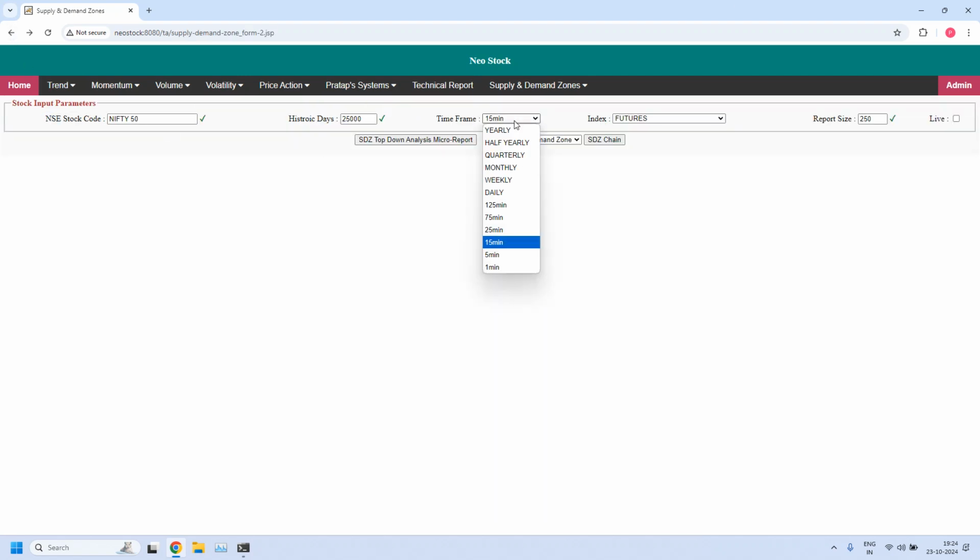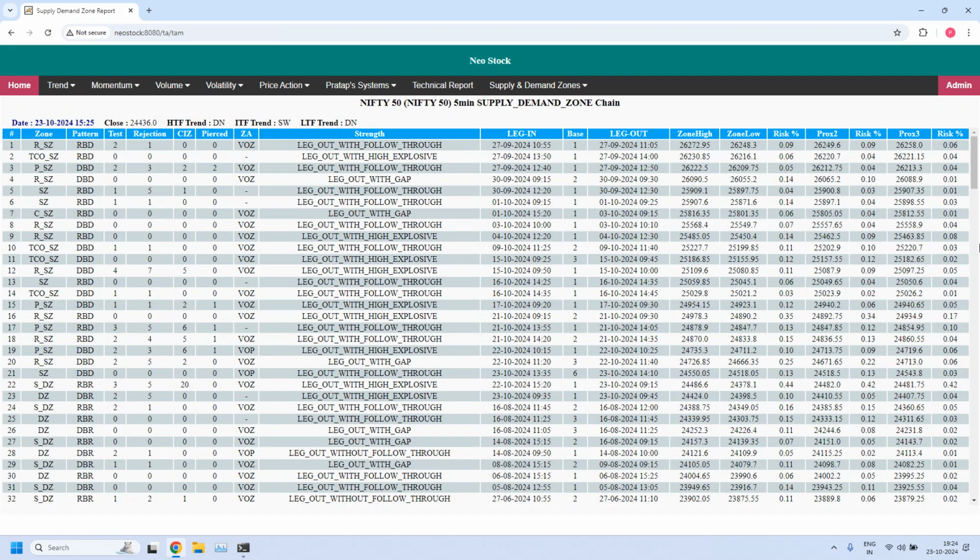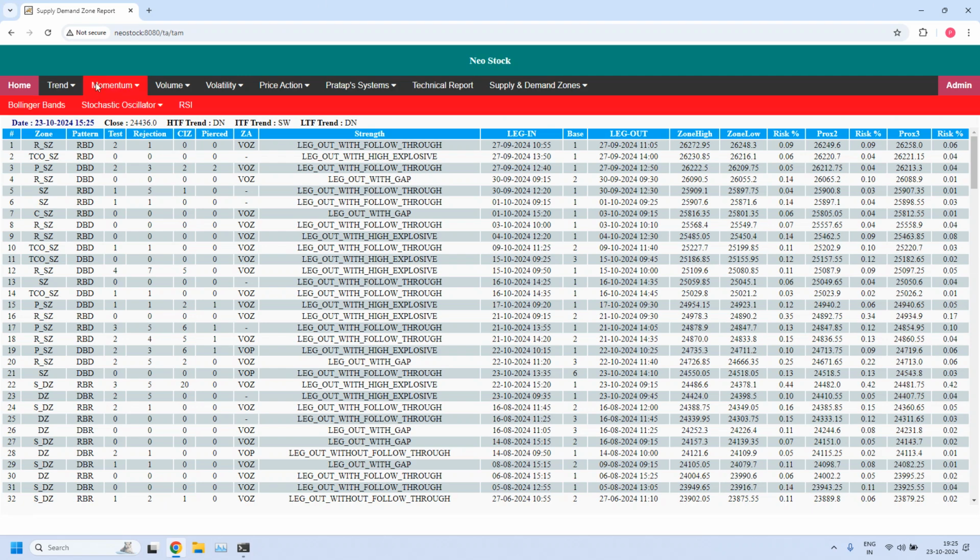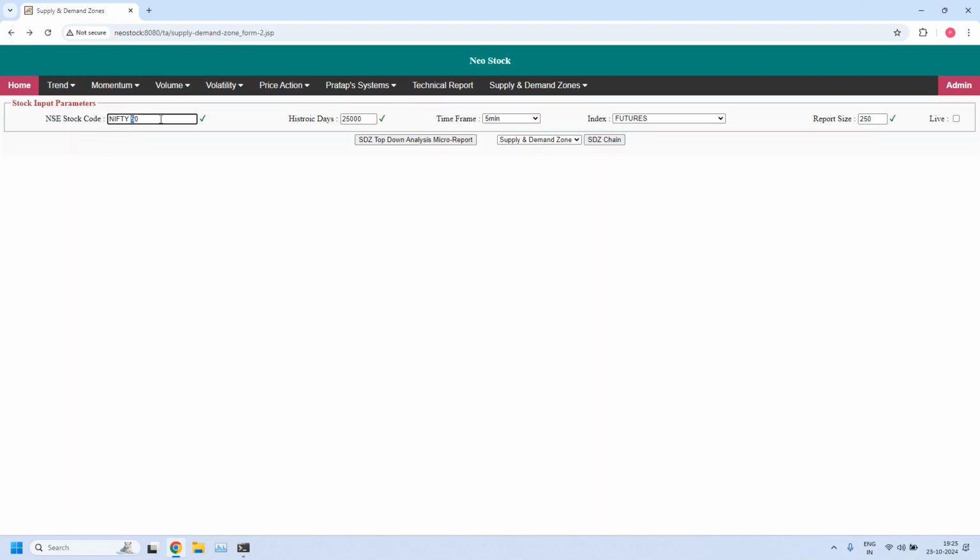Next time frame is 5 minutes, generating 5 minute supply demand zone chain for NIFTY. So this is a NIFTY supply demand zone chain. Next we will generate BANKNIFTY supply demand zone chain. That is nothing but NIFTY Bank.